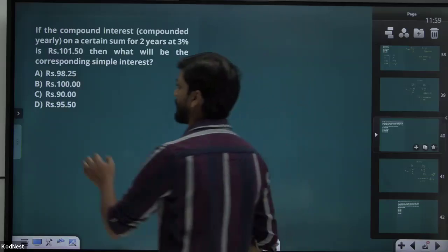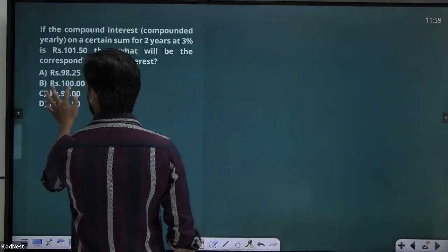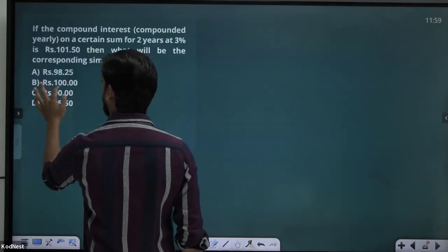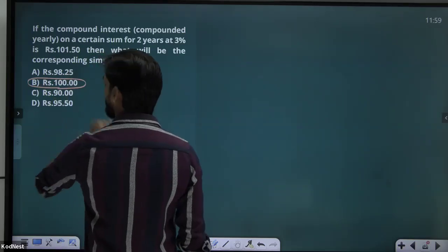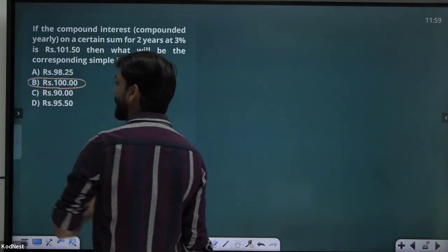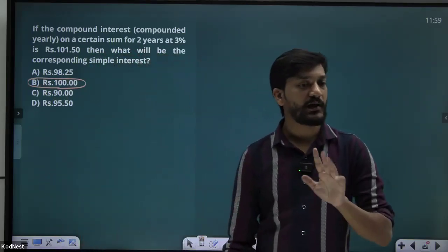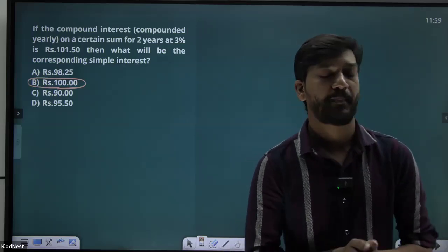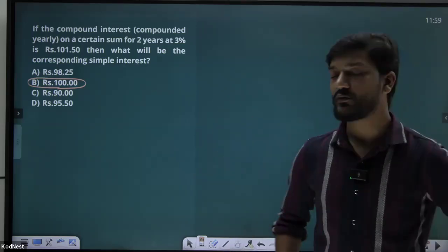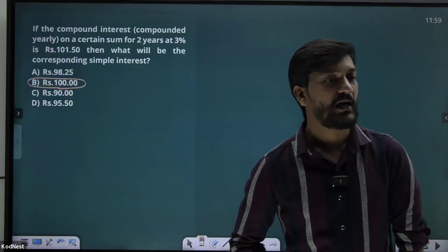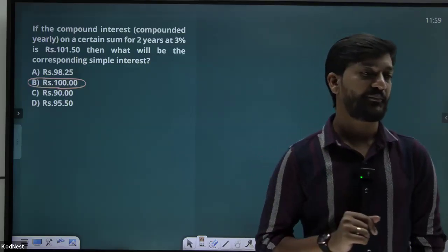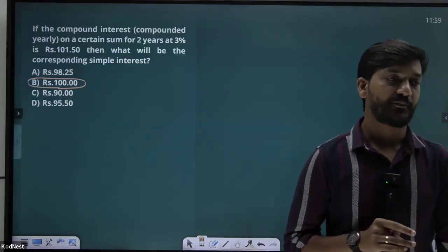Okay, I took 100 from the options. Why not 90? Why not 95.5? Why only 100? There are other options also, so there must be some reason I have taken 100.